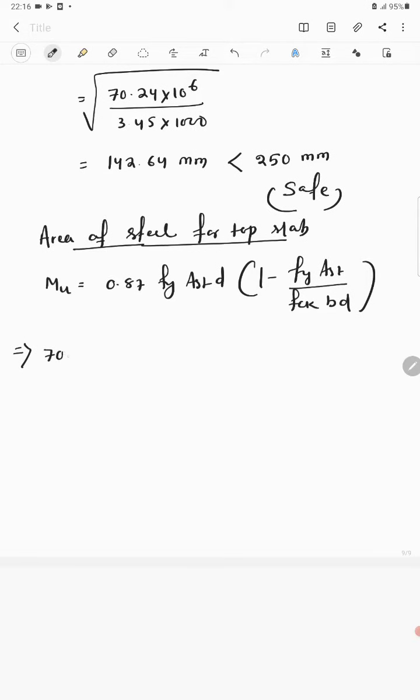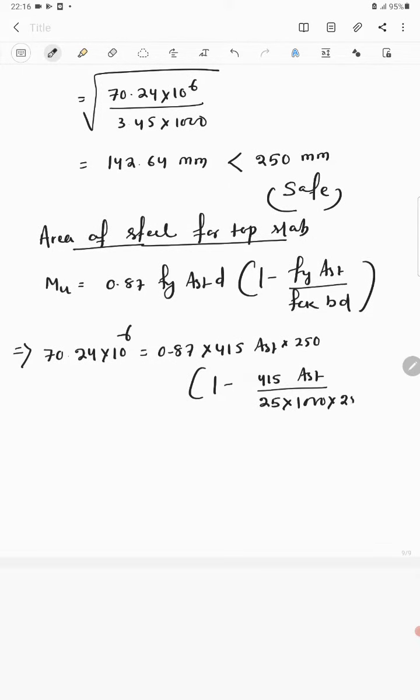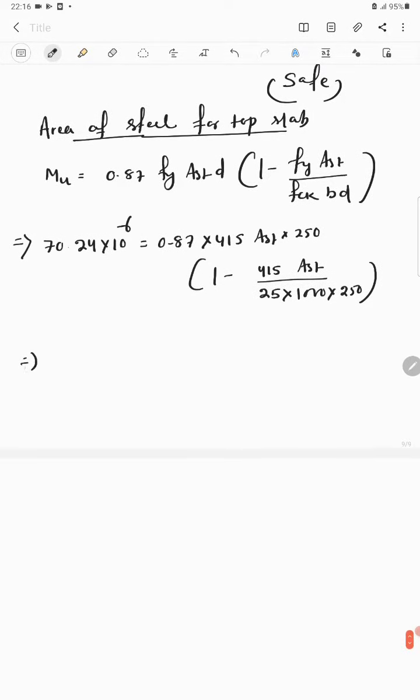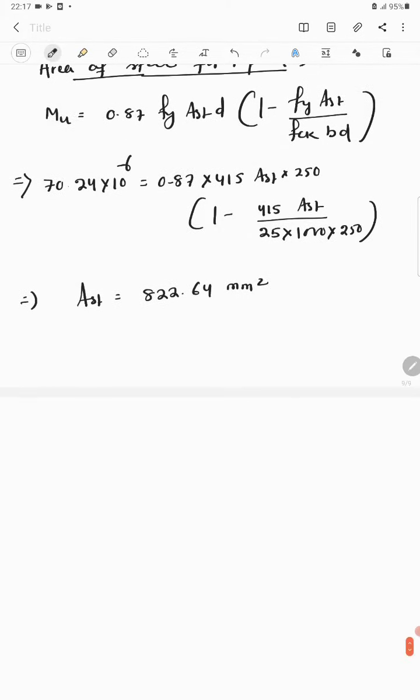The maximum moment we take is 70.24 into 10 to the power 6, 0.87, Fy is 415, D is 250, 1 minus 415 Ast, FCK is 25, B is 1000 into 250. So the area of steel from this is 822.64 mm square. Let's take 830, a round figure. This is at E point.